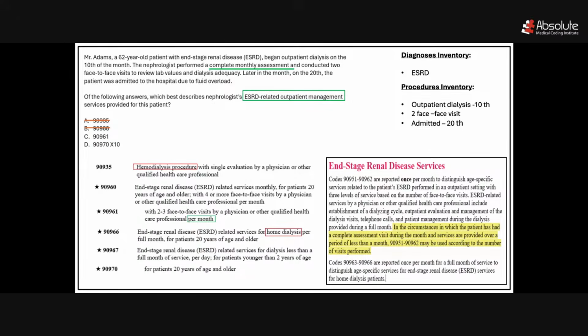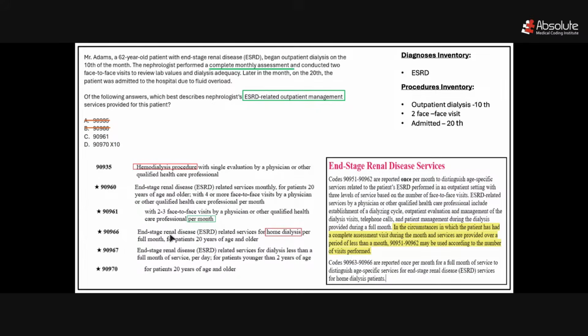But still, we have to ask a question, was there a complete assessment performed? And the answer to that question is yes. We had a complete monthly assessment. And as per the guideline, if a complete monthly assessment happened, even if the patient got admitted in between, we can use a monthly service code.